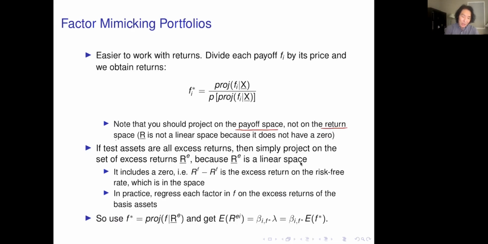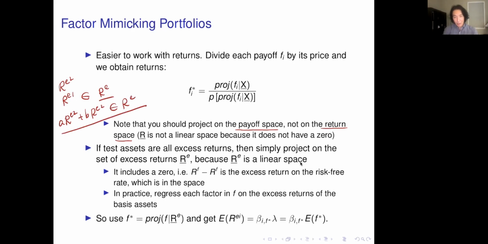In other words, if there are two elements in the excess return space, say excess return 1 and excess return 2, then any linear combination of them is again in the excess return space.